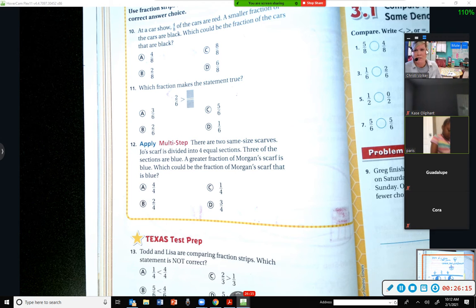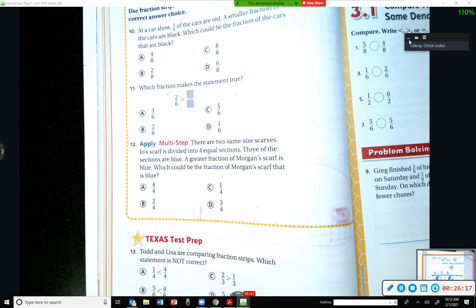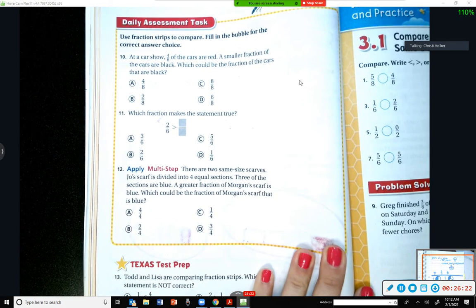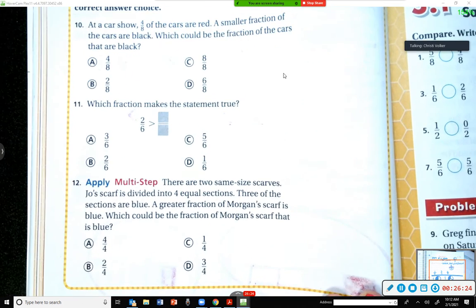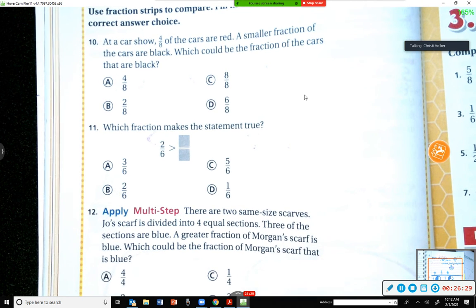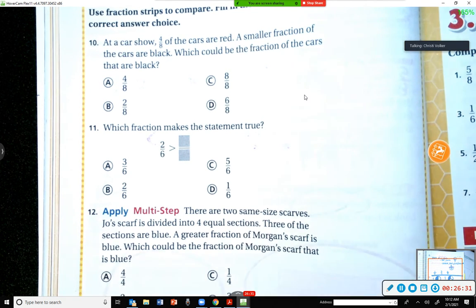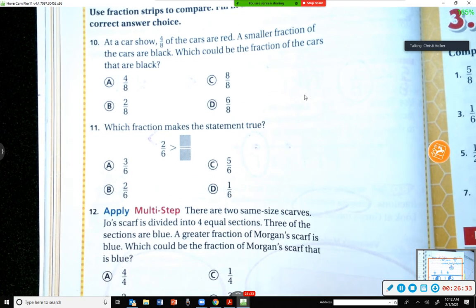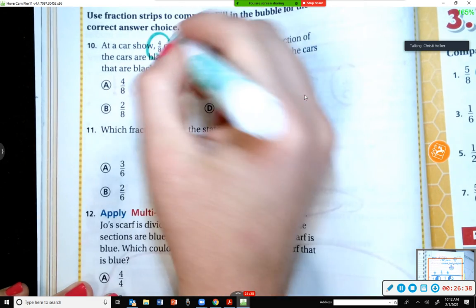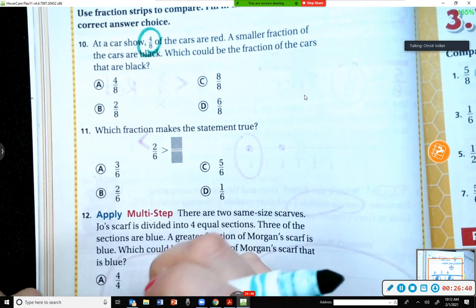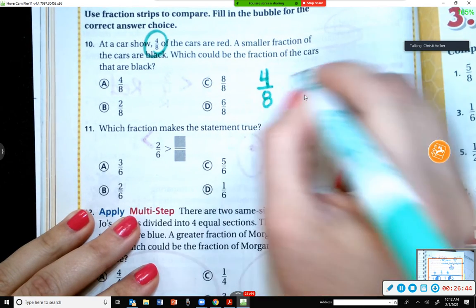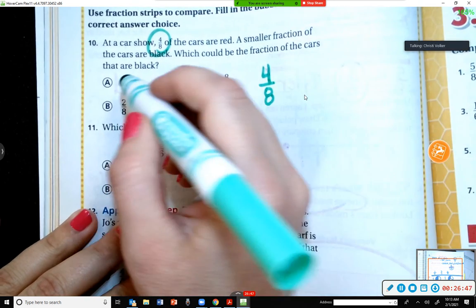Okay, let's start with number 10. At a car show, 4/8 of the cars are red. A smaller fraction of the cars are black. Which could be the fraction of the cars that are black? Okay, so we're looking for a fraction that's smaller than 4/8. Well, we know it definitely can't be A because 4/8 is equal.